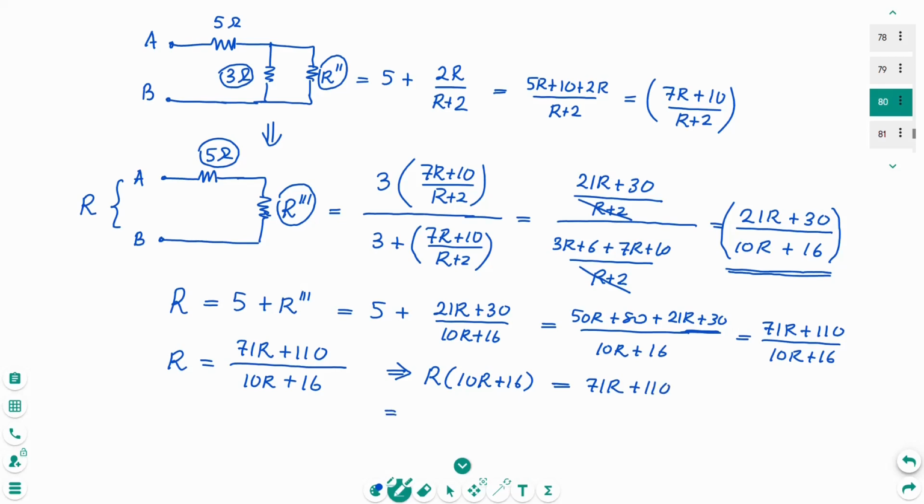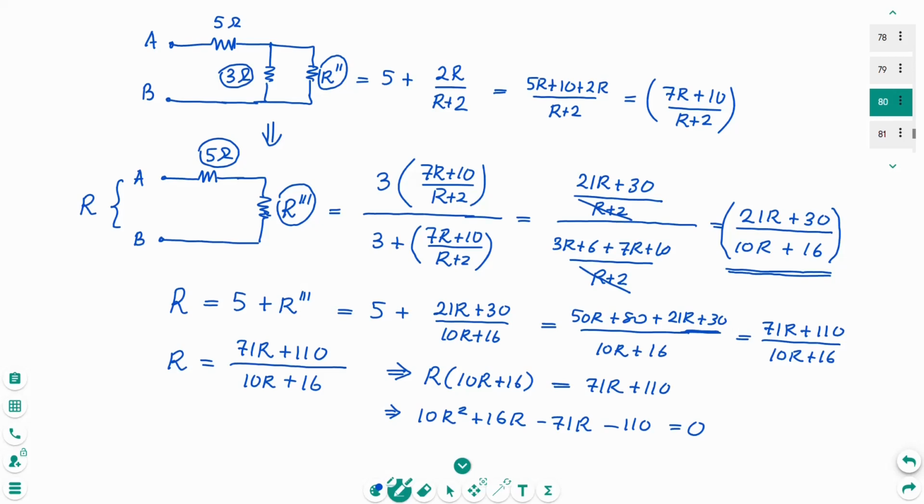So further simplification, 10R squared plus 16R minus 71R minus 110 equals 0. So we get a quadratic equation over here.